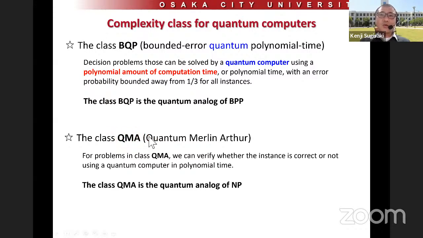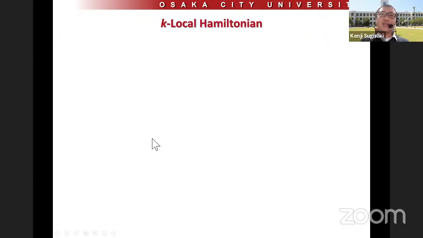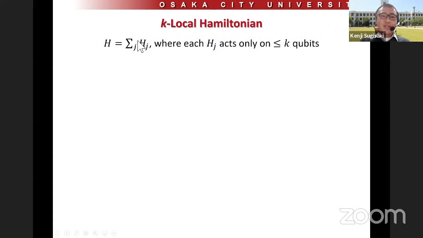So I would like to introduce the k-local Hamiltonian. The k-local Hamiltonian is very simple: a Hamiltonian H which is a linear combination of Hj, where each Hj acts on only k or fewer qubits.